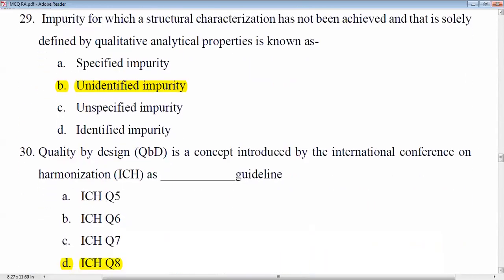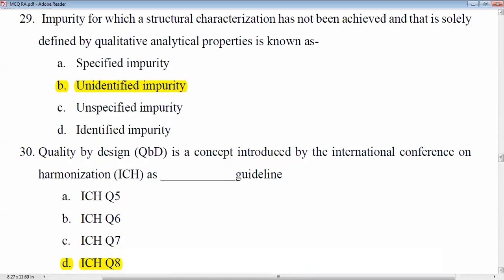29th multiple choice question is: impurity for which a structural characterization has not been achieved and that is solely defined by qualitative analytical properties is known as. A option is specified impurity, B option is unidentified impurity, C option is unspecified impurity, and D option is identified impurity.